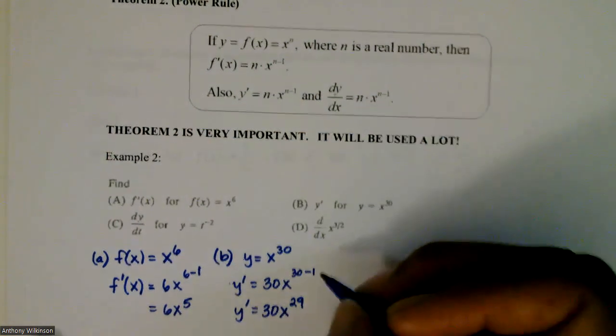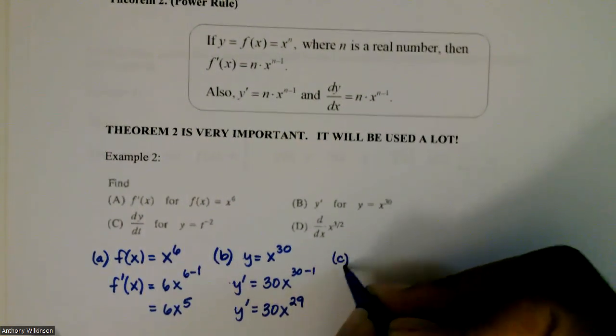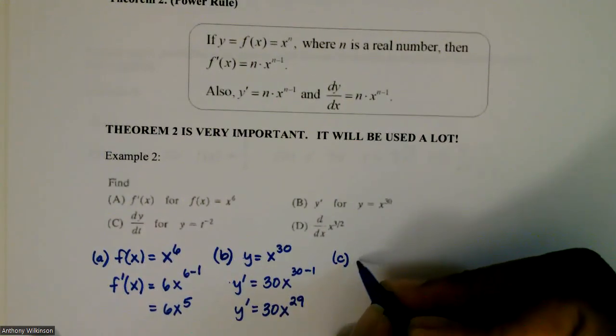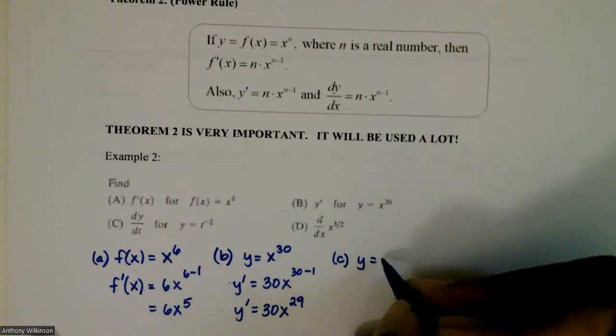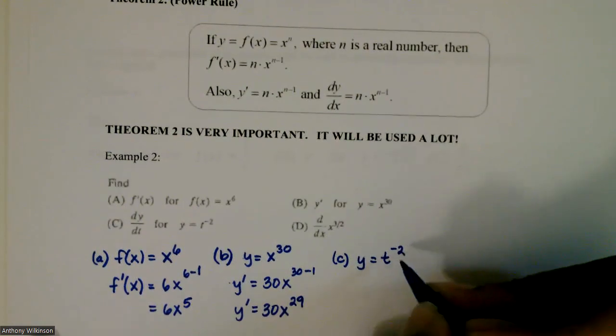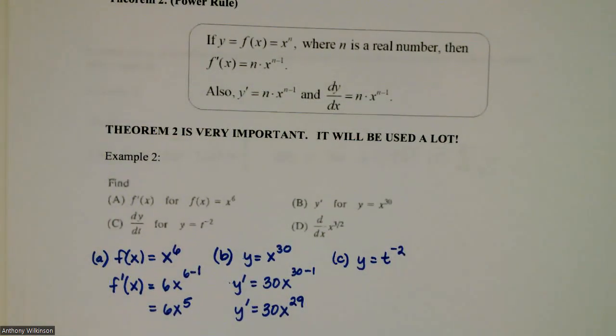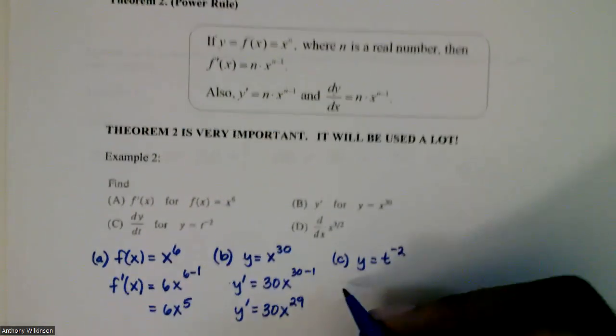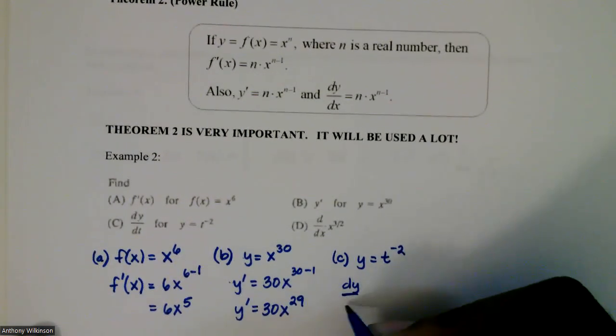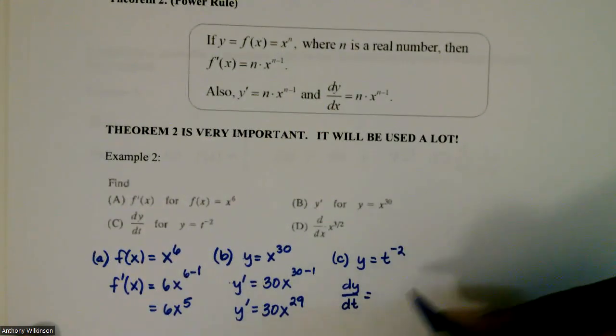Right. Now, part C. We're going to find dy/dt for y is equal to t to the negative 2. Y equals t to the negative 2 power. And we want dy/dt. Here's how we do that.